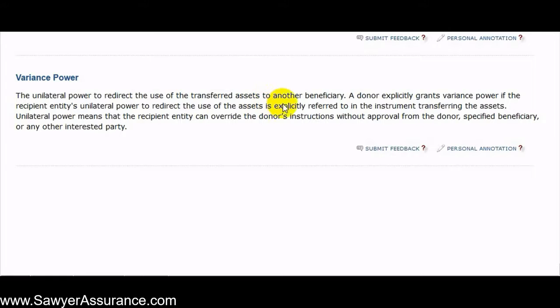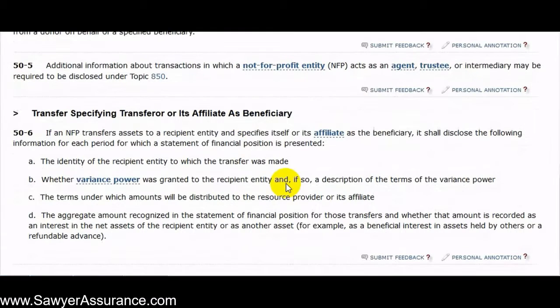And for that to be the case, it has to be explicitly referred to in the instrument that is transferring the assets. So if we were transferring assets to the recipient entity, in the instrument that is transferring assets we would explicitly have to say that the recipient entity can send the assets to any beneficiary that it chooses. So in that way, it would have variance power. And unilateral power means the recipient entity can override the donor's instructions, that's our instructions, without approval from us, the specified beneficiary, or any other interested party. So basically, we send them assets, and then their variance power means they can do with them what they choose.